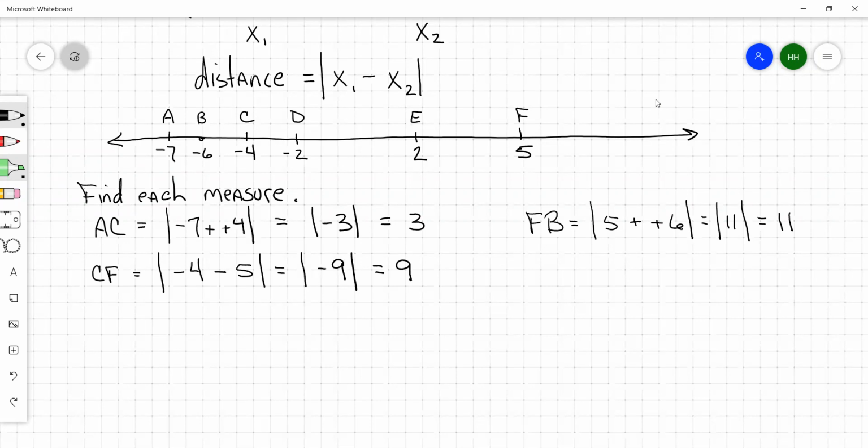Y'all good with that? Up and down, left to right.